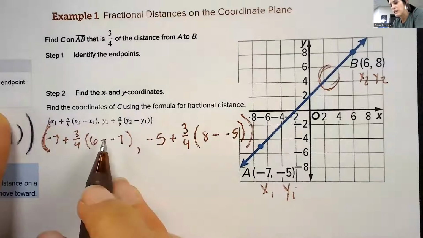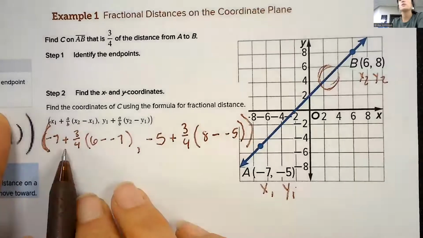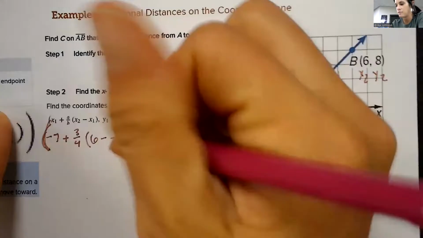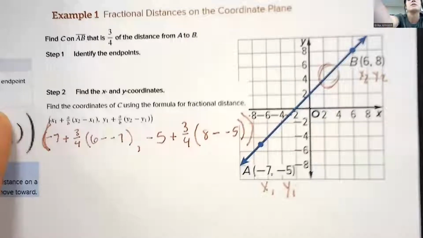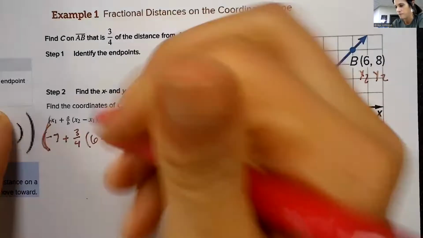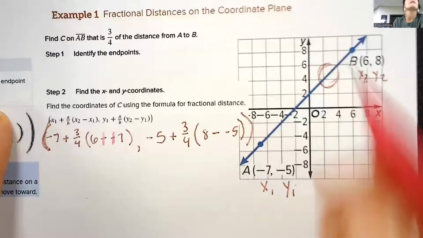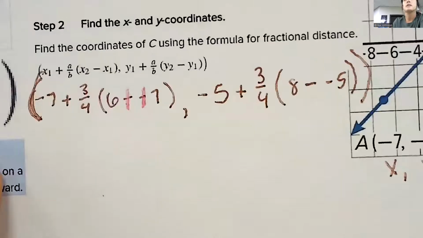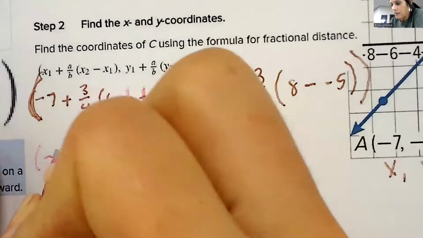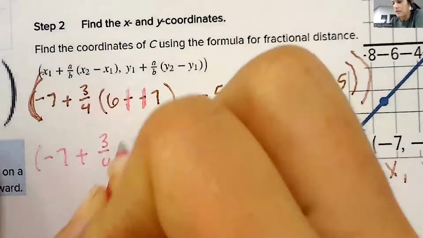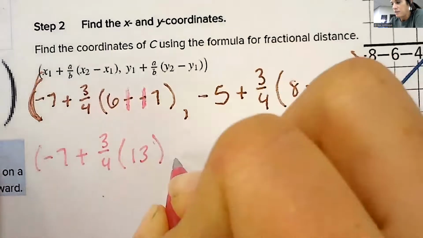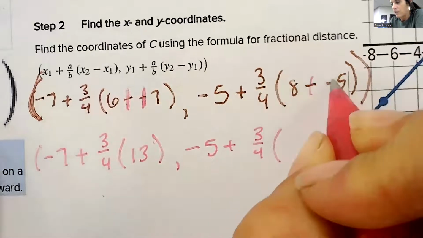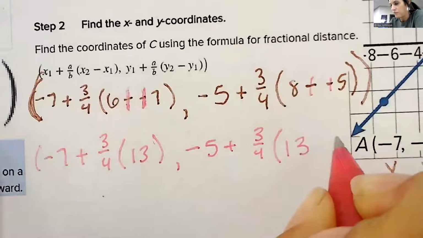Okay, so it looks terrible here, I get that, but we could plug this all into our calculator, or we can know that two negatives make us add. Let me zoom in on this real quick. So I would have -7 plus 3/4 times 13, and then -5 plus 3/4 times, add those up, you'd have 13.